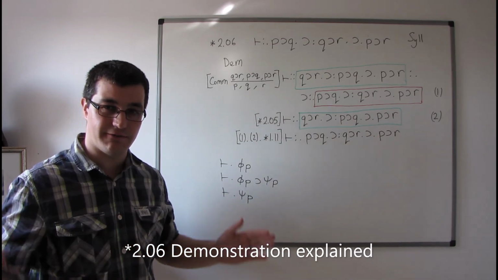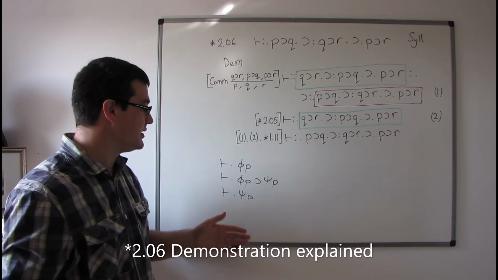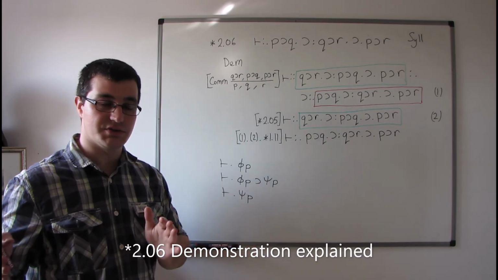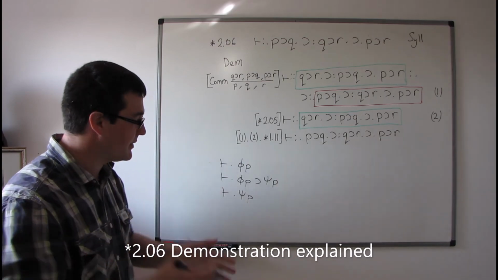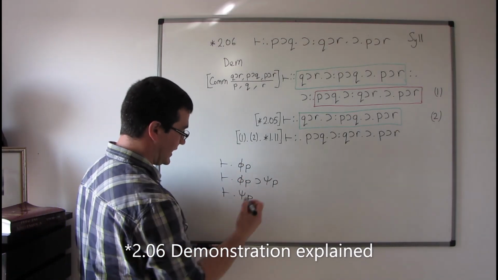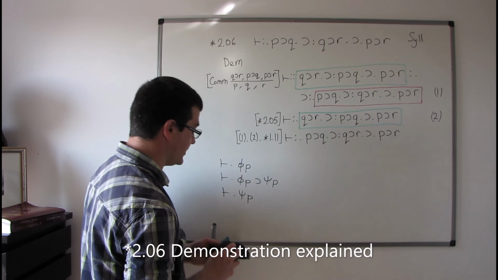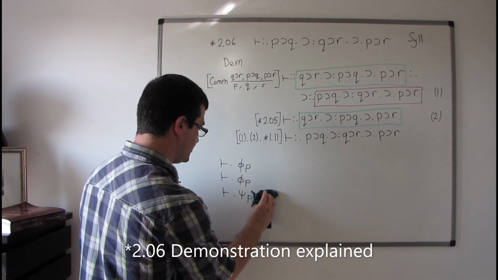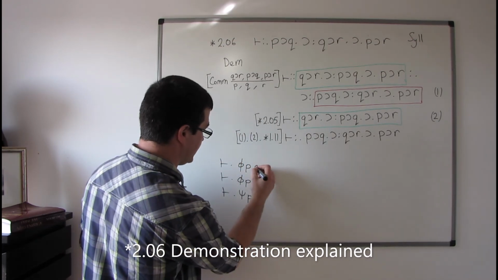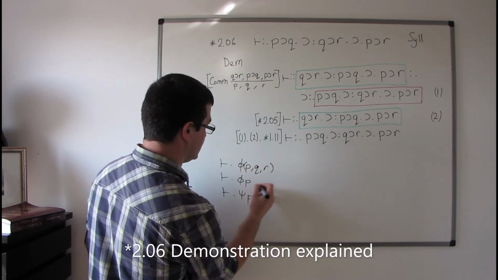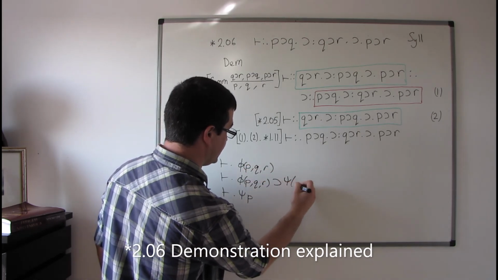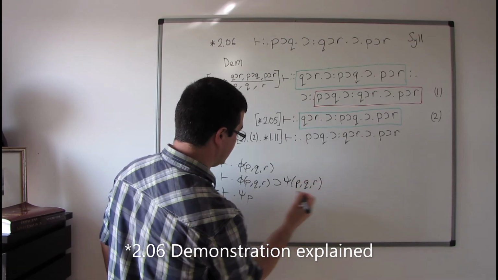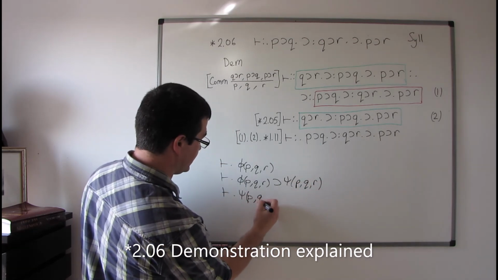So it's still got to be a finite number, but any finite number of arguments which are elementary propositions, sorry. So I can reformulate this even further to something like phi(P, Q, R) implies psi(P, Q, R).